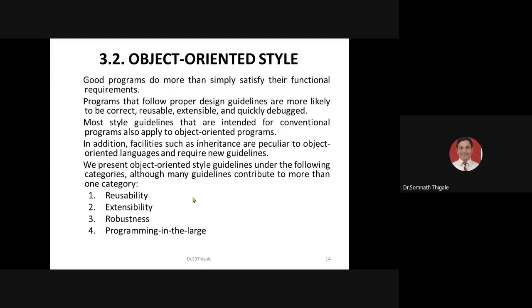So the basic intention, apart from the coding standards or the skill of the developer, is what the company expects: whatever code I am writing for one particular project should be usable for my upcoming projects also. That concept I call reusability. Second, though I am writing a program for only 100 customers at this moment, if in future the number of customers increases, it should be supportive.